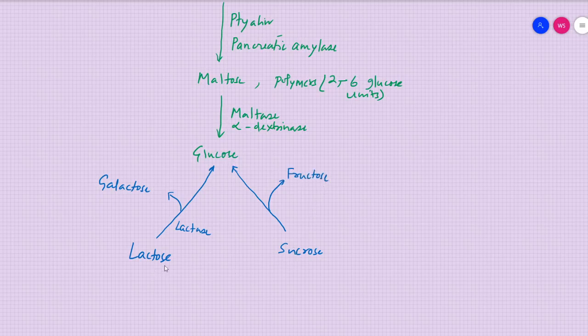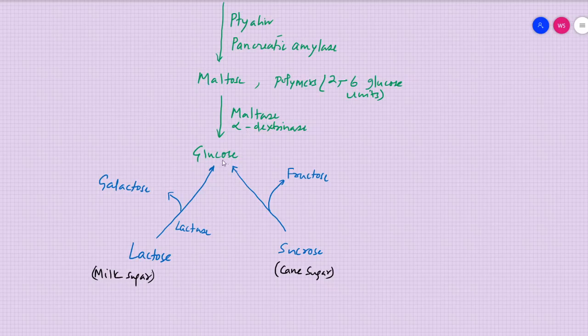Let's just write it down before we lose track of it. Lactose is basically milk sugar. Sucrose is cane sugar. Fructose is present in fruits.